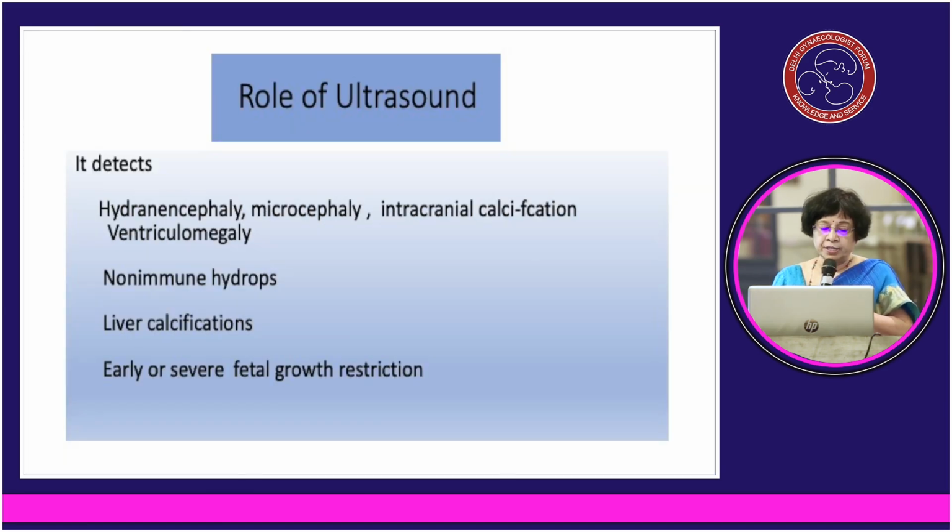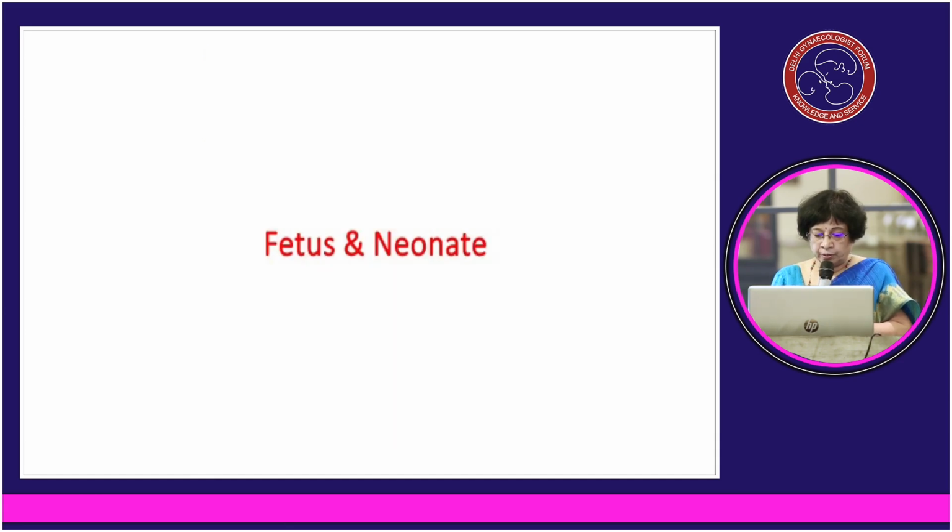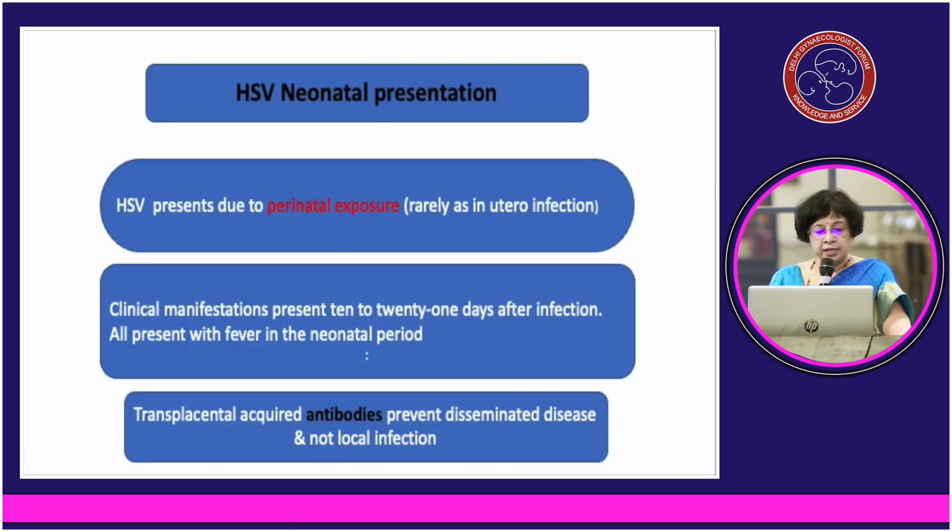So role of ultrasound: it detects hydranencephaly, microcephaly, intracranial calcification, ventriculomegaly, non-immune hydrops, liver calcifications, and early or severe fetal growth restriction. Something about fetus and neonate: HSV presents due to perinatal exposure and clinical manifestation presents 10 to 21 days after infection.